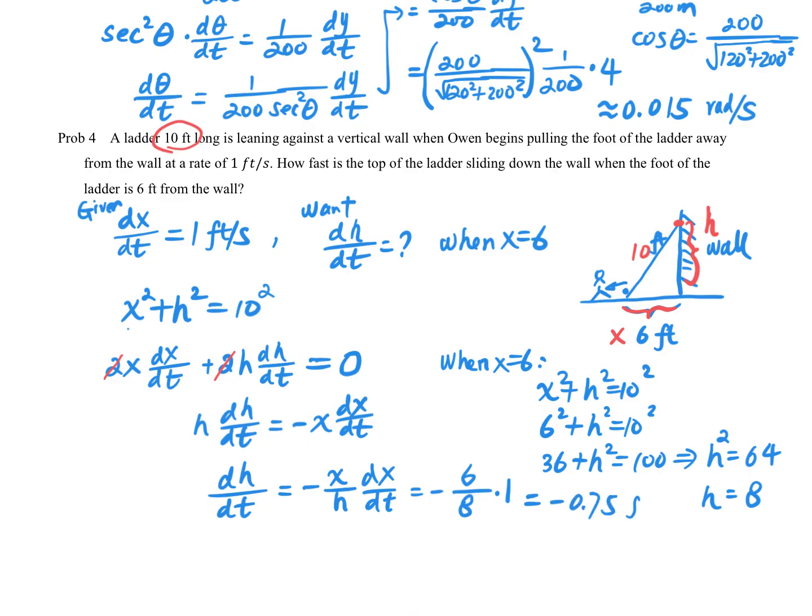And the unit will be feet per second. So this is how fast the tip of the ladder is sliding down the wall. And you may wonder, why is there a negative? What does that mean? The negative means this distance is shrinking.